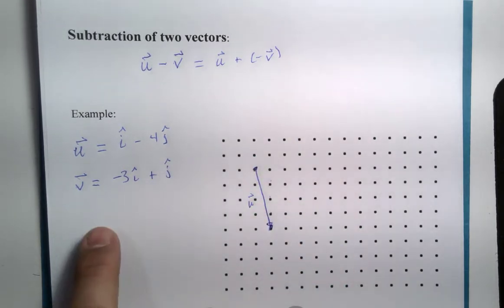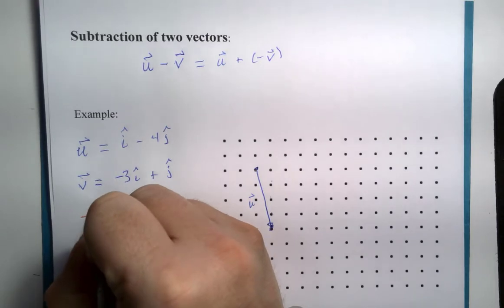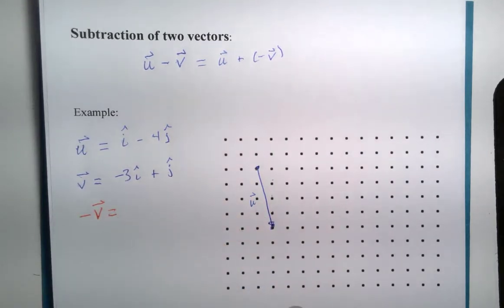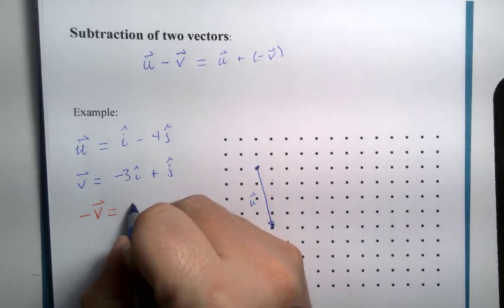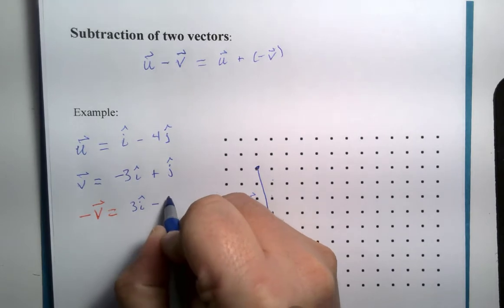And instead of getting ready to add these two, let me just ask, well, what is the opposite of vector v equal to? That's called a scalar multiplication. Well, that would be positive 3i minus 1j.